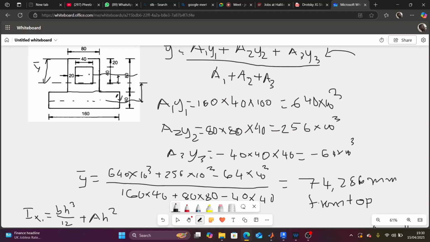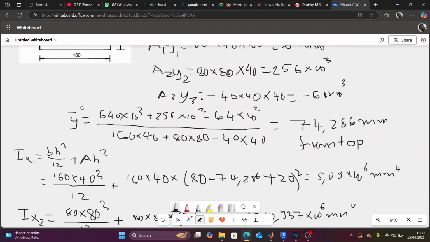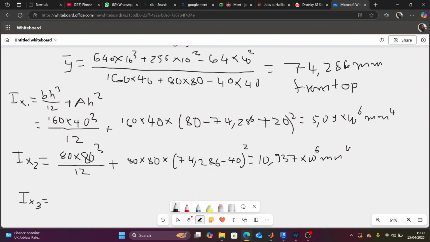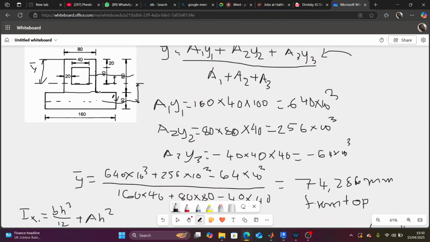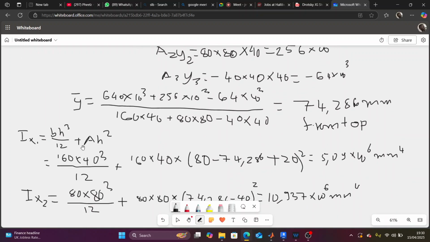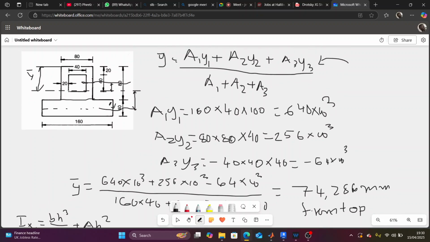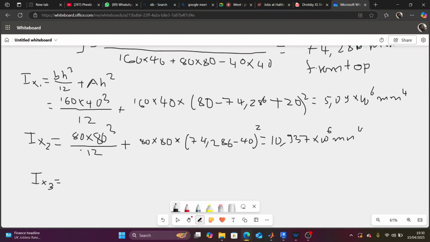That distance would be the same as the one of Ix2, because the center of gravity of the small one is the same as the big one here. What will change is simply the area. What is the base? The base is 40, the height is 40. Right? Yes.